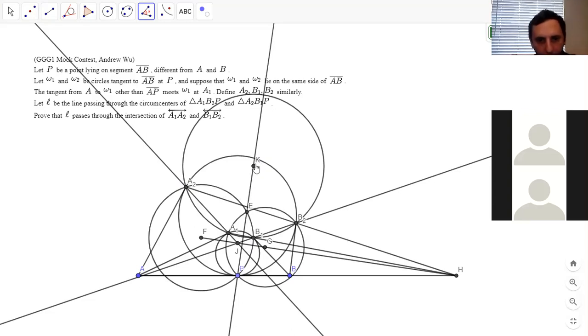There's a bunch of different ways to think about it. Maybe invert at K with radius KA2. Interesting. So we want to show that it swaps E and P.